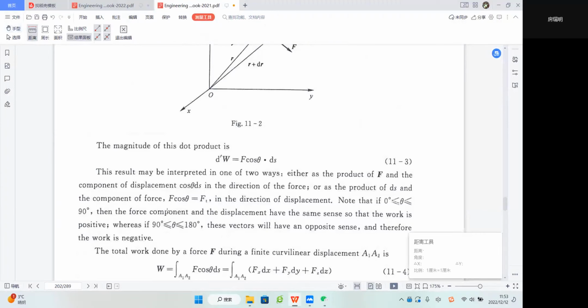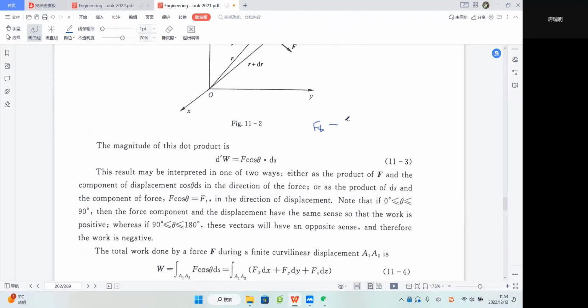So you guys should pay attention here. Maybe you will see this many times. Actually, we call Ft equals F cosine theta. It is the main reason F does work when the particle moves a length s, right?